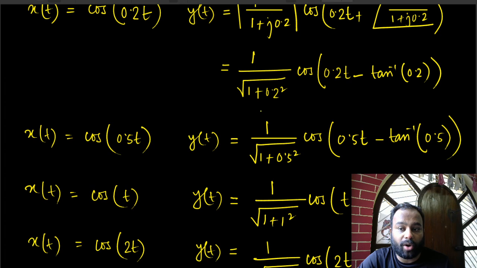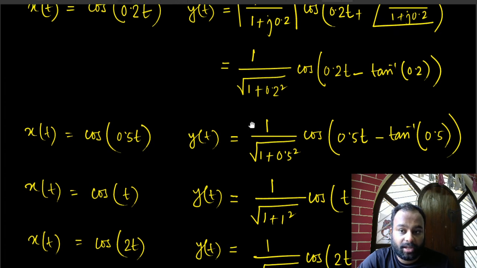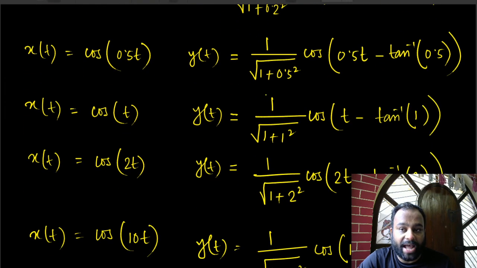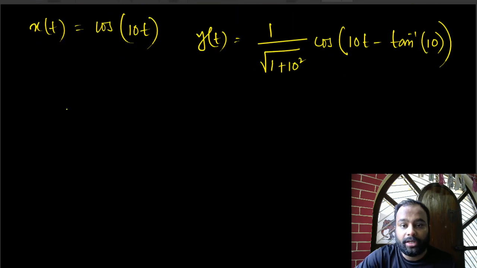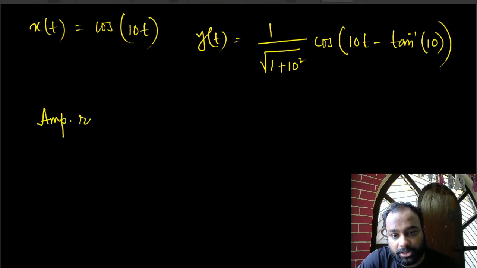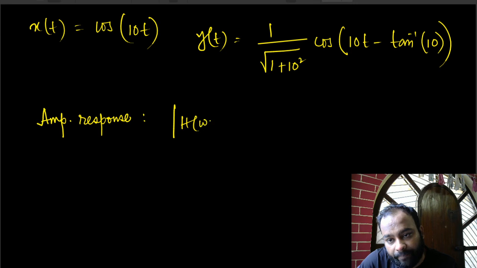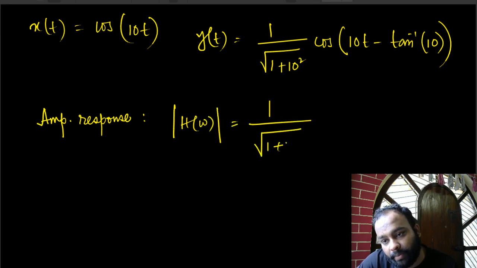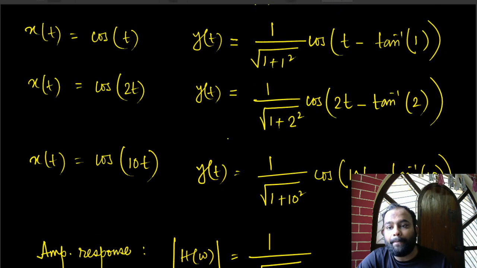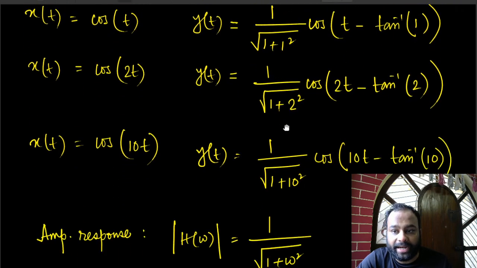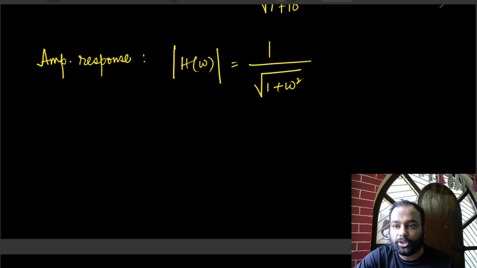The amplitude was originally this one, and now it is gradually decreasing. So the amplitude response, namely this mod H(omega), in this particular scenario is root over 1 by 1 plus omega square. So the amplitude of the output is gradually decreasing as the frequency increases. So if I do try to plot it, what should it look like?